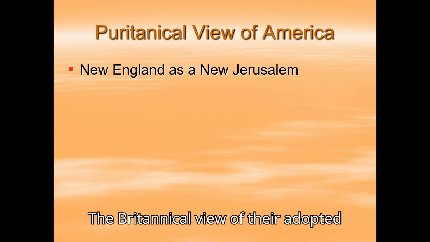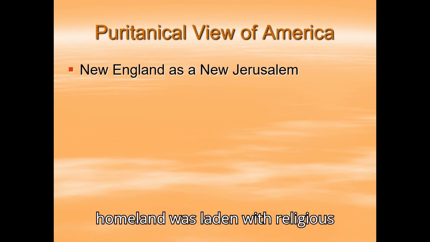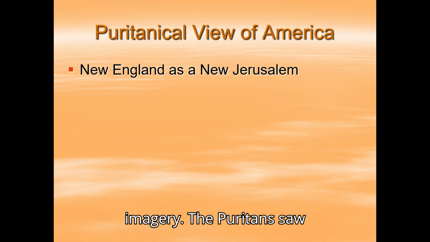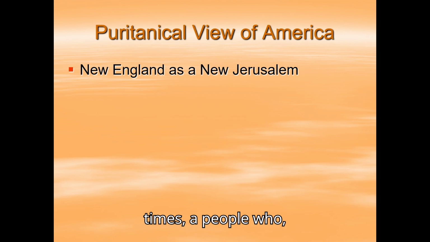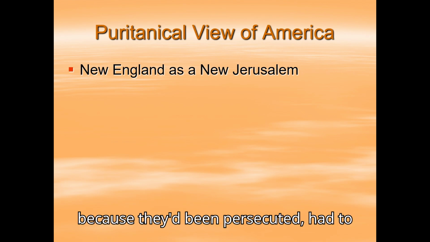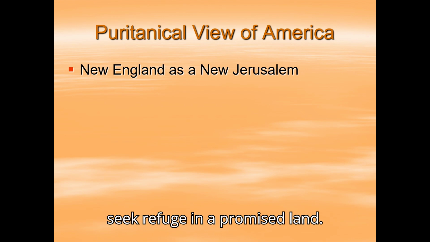The Puritanical view of their adopted homeland was laden with religious imagery. The Puritans saw themselves as the Hebrews of their times, a people who, because they'd been persecuted, had to seek refuge in a promised land.